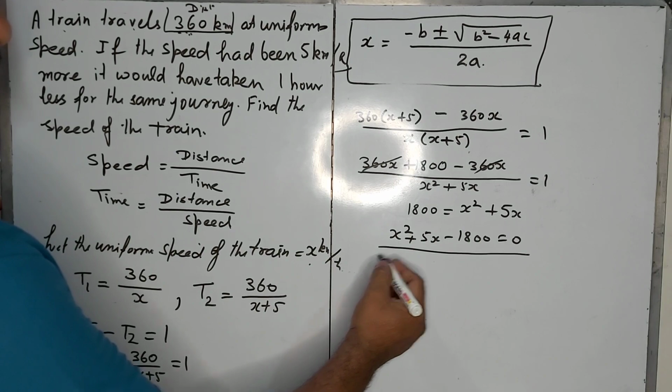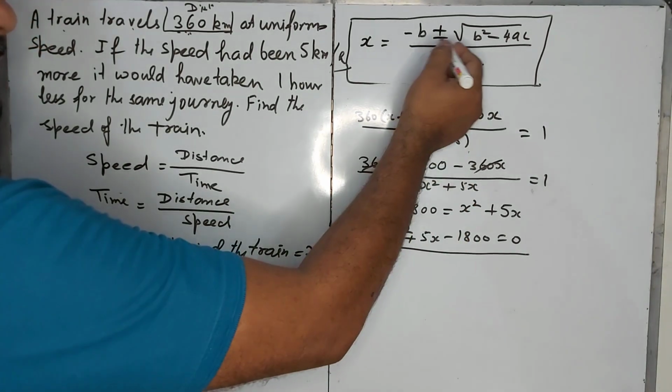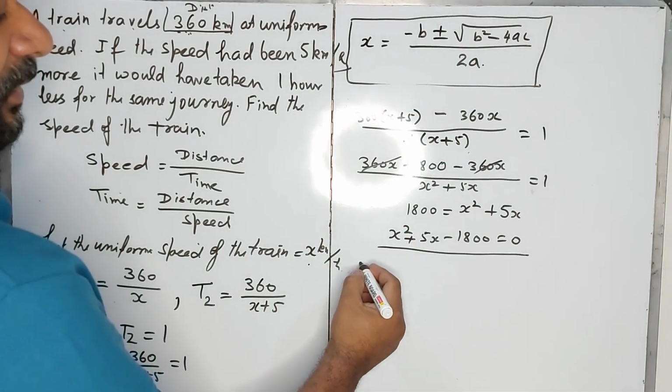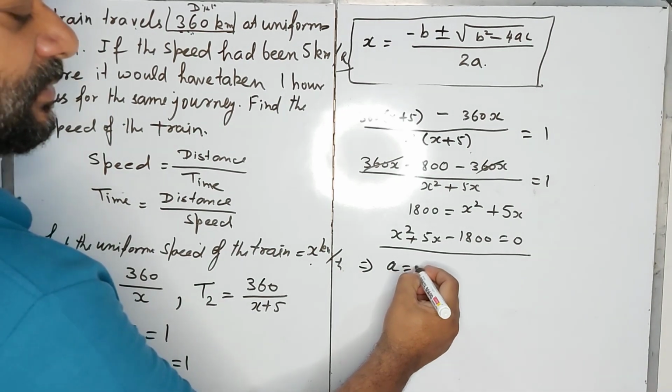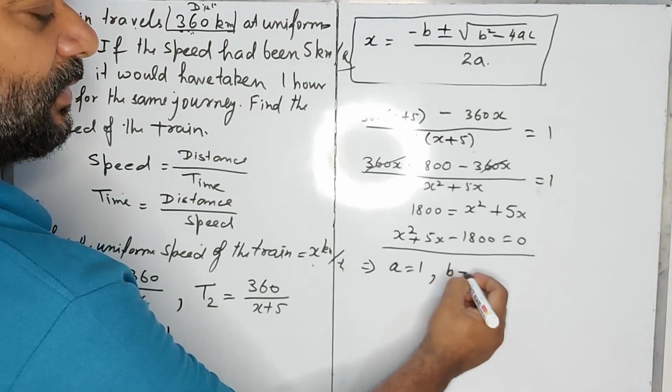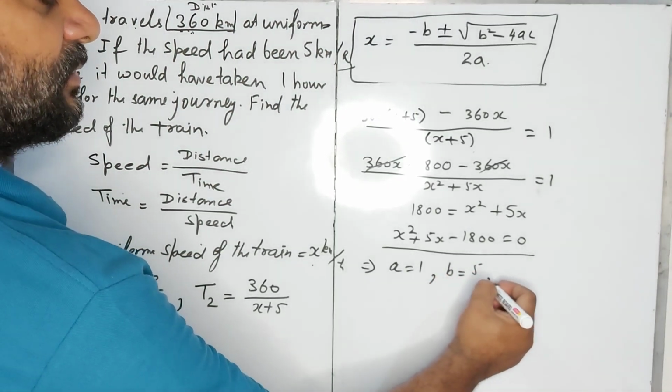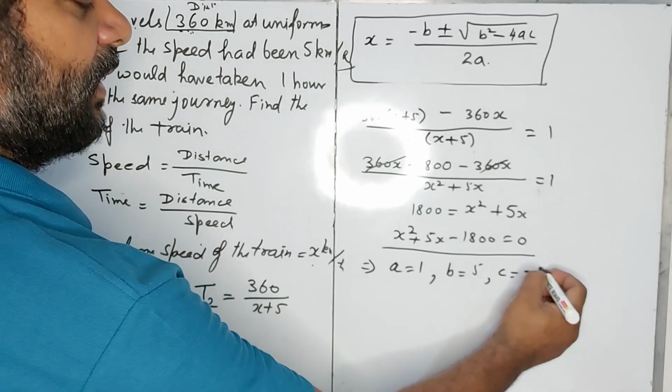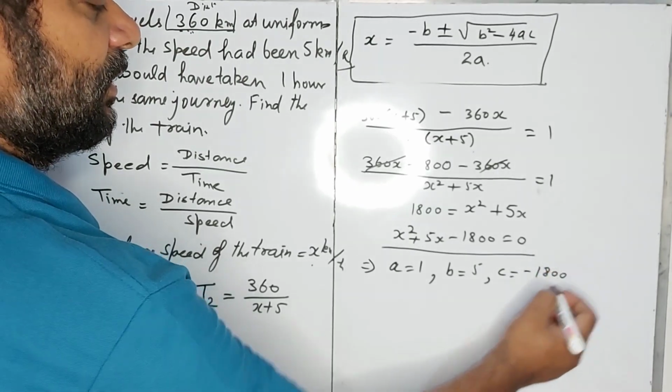First of all, we find the coefficients, that means a, b and c. In this equation, a is 1, b is 5 and c is minus 1800.